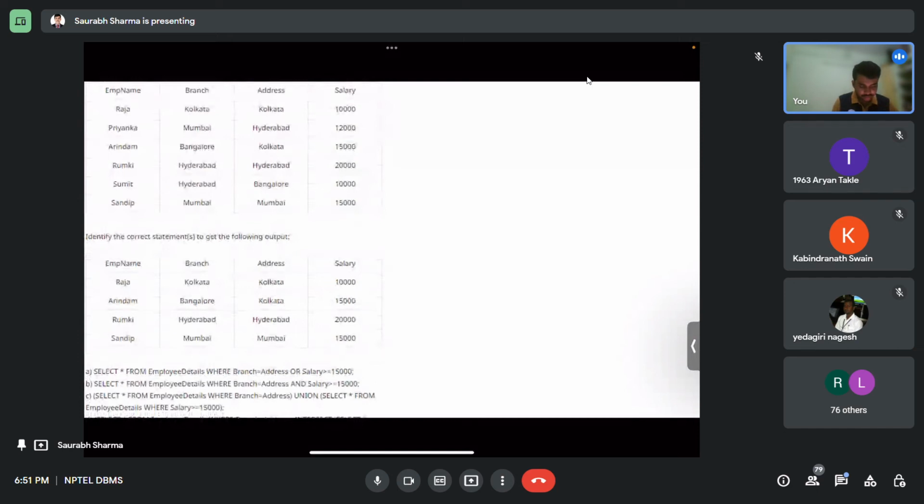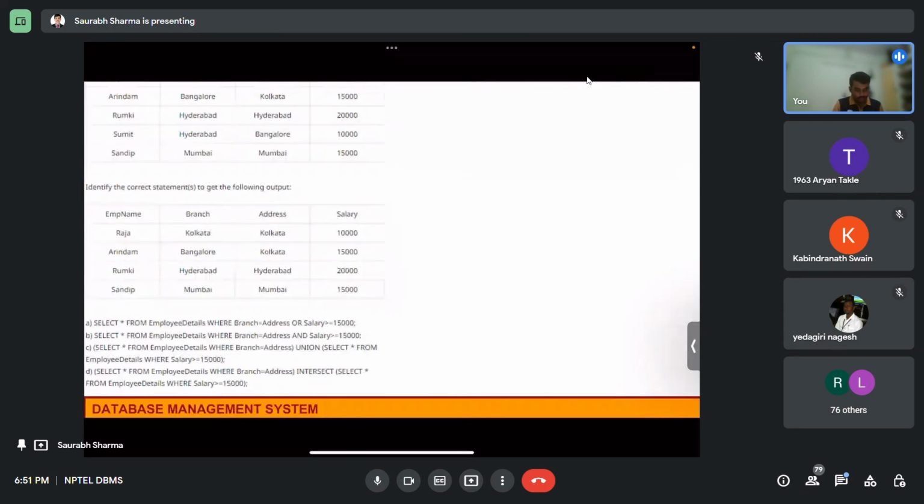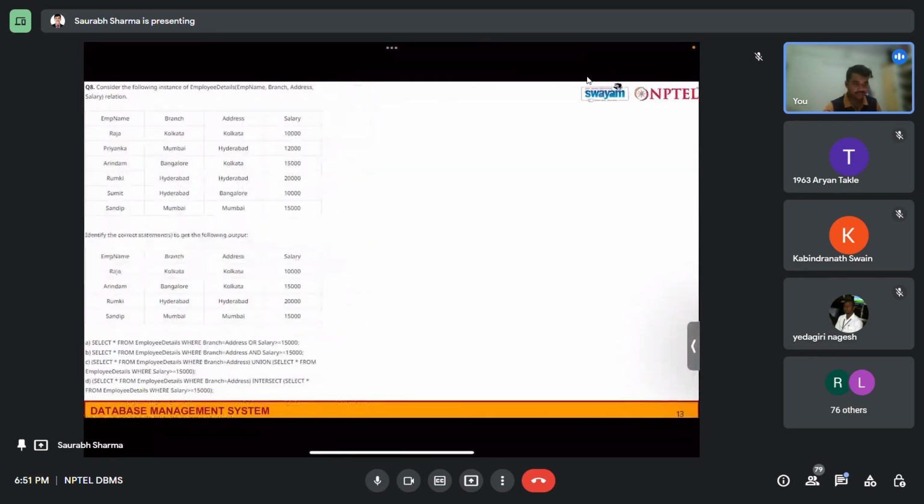It is considering all the attributes in the output, so there will be no projection operation, only selection. Let's go one by one, and it is a multiple answer question, so more than one may be correct.